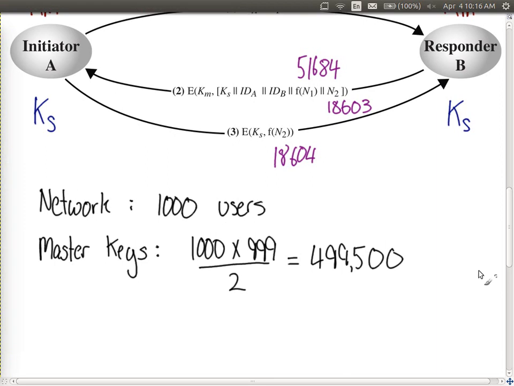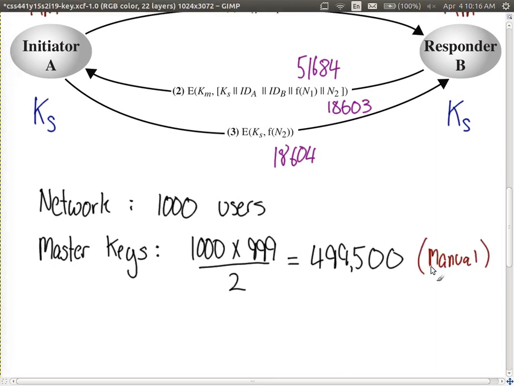Note that these were manually exchanged. How many session keys are there in the network at any one time? The maximum number? The same number of master keys.